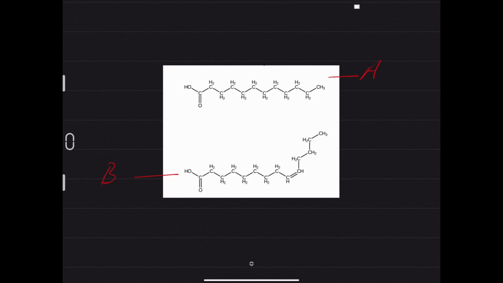So you choose which one is which, and I would like an answer back on Teams. So look at the molecules carefully, just a quick feedback question here. Just tell me which one is the saturated fatty acid and which one is the unsaturated fatty acid.